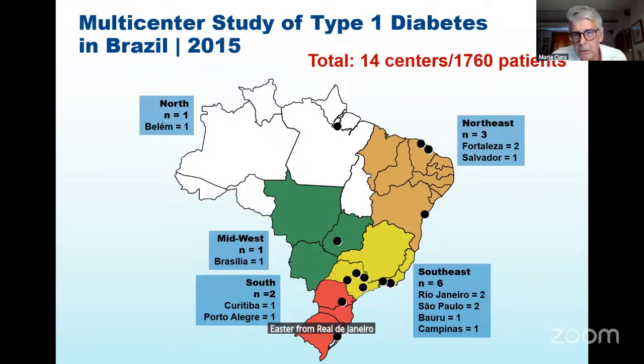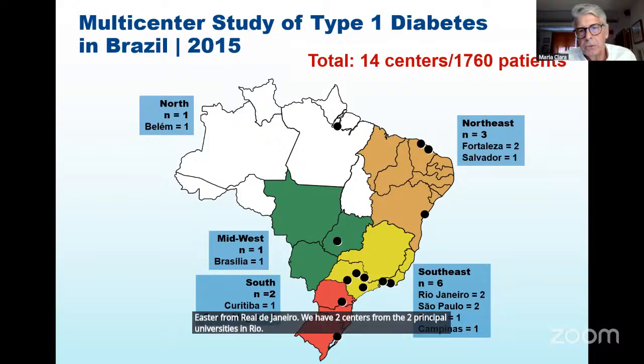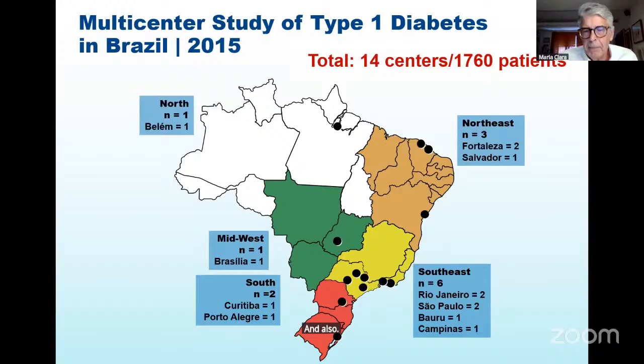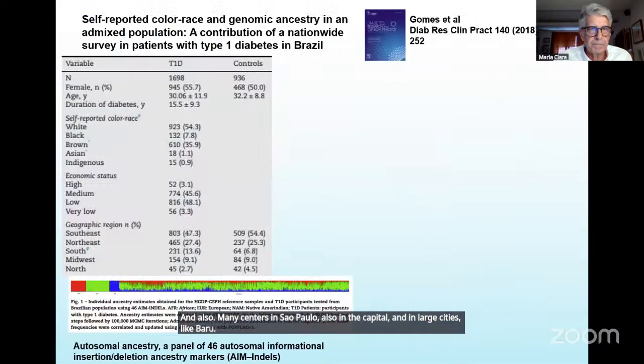We have two centers from the two principal universities in Rio, and also many centers in São Paulo, also in the capital, and in large cities like Bauru and Campinas.